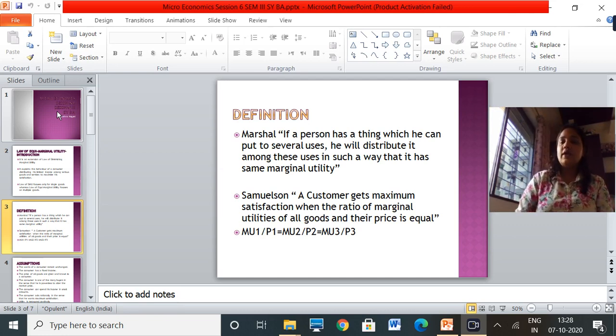Okay, so chocolate, bread and ice cream. So the ratio of the marginal utility upon the price will be equal for product 2, and equal for product 3. This is what they want to derive.